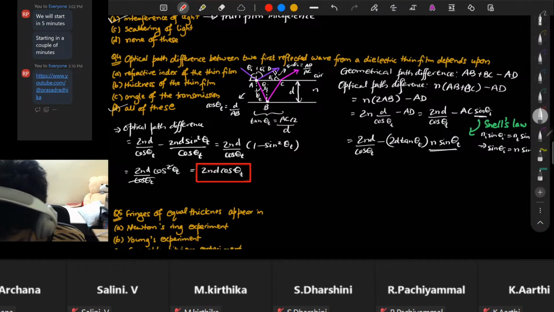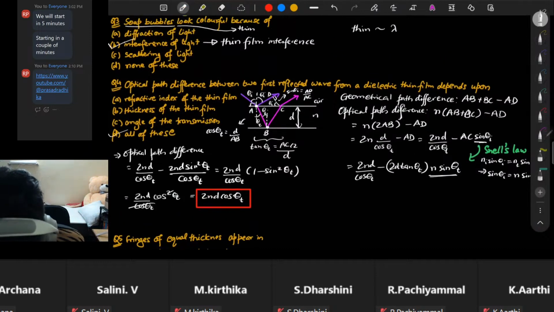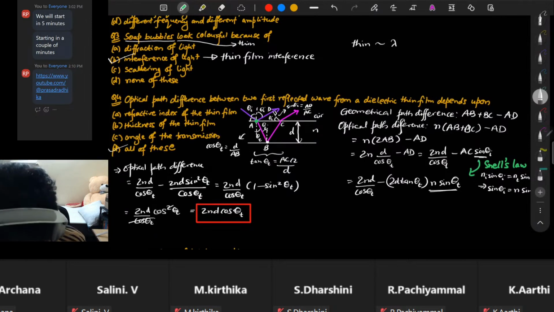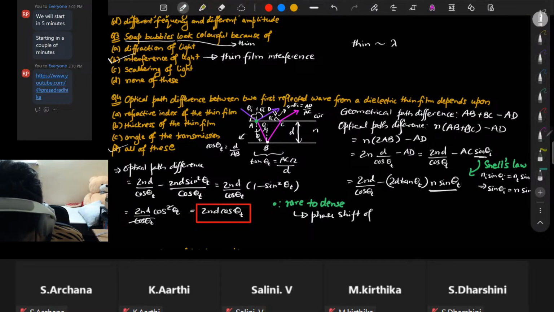Now mind you that at this point, let me highlight in green, there is a rarer to denser medium phase change, or equivalently a path shift of lambda by 2.